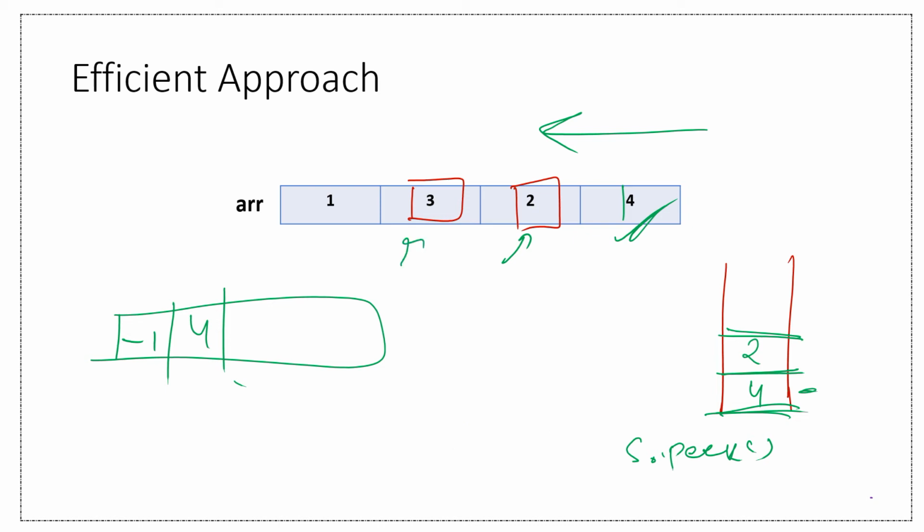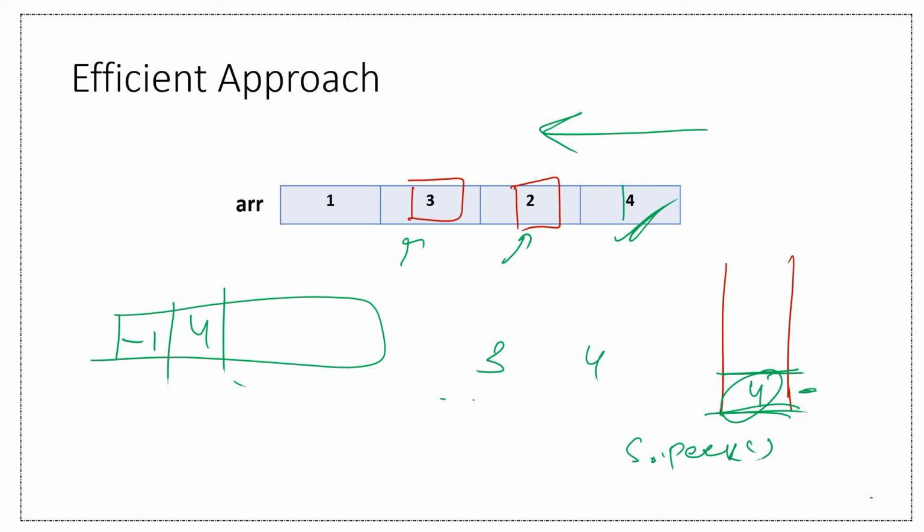Now look carefully. For 3 we will compare 3 and 2. So what will happen here? Now we can see that 2 is less than 3, so we will pop 2. Now we will again compare, if any element is present in the stack.